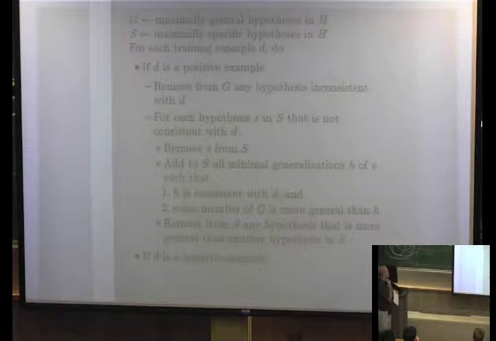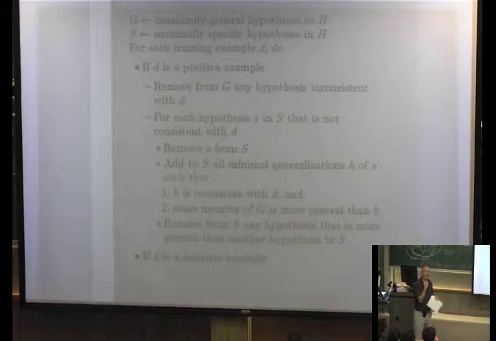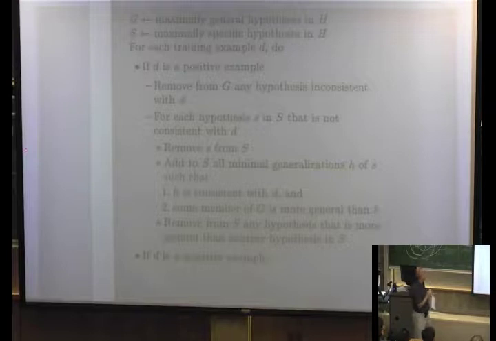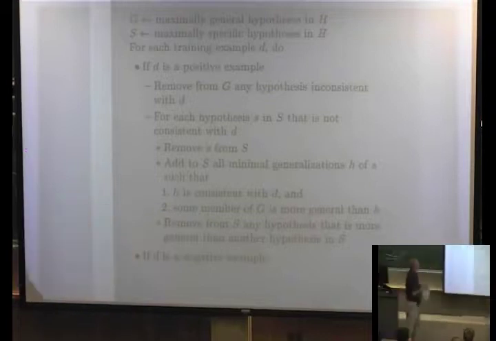If D is a positive example, we need to modify both G and S. It turns out it's very easy to modify G, it's a little more difficult to modify S. If D were a negative example, it would be the other way around. So if D is a positive example, we look at G, we'll ignore the example now, we just look at the general case.